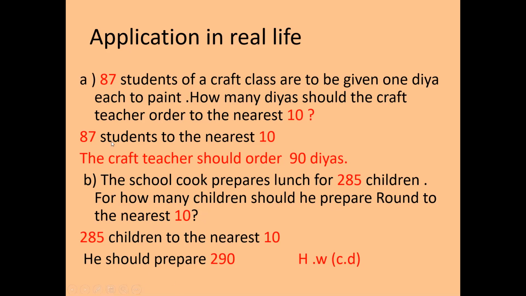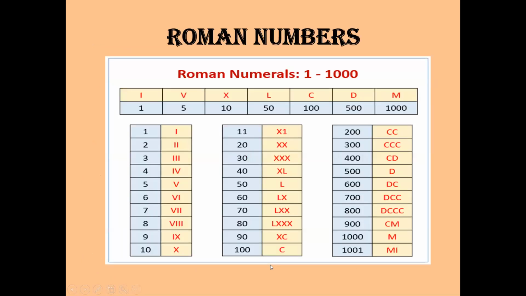The number in one's place is 5, so also here we will round up, because 5 or more than 5 we round up. We look at this number, 85. 85 is placed between 80 and 90 also. So if you round 85, it will be 90. So what should we write? 290. So he should prepare 290. C and D, you can do it.